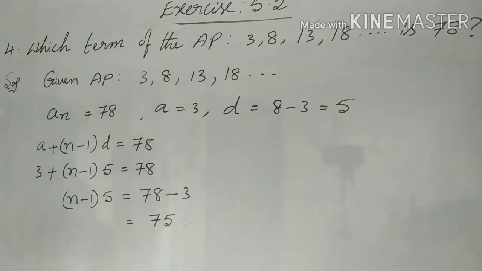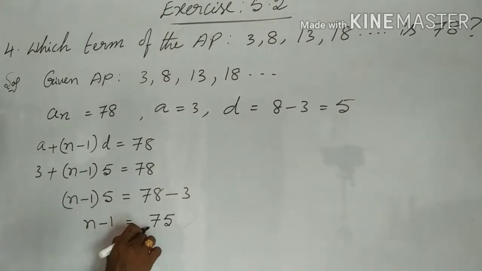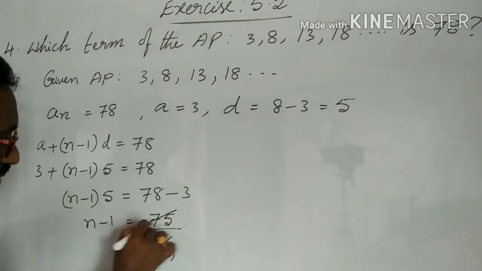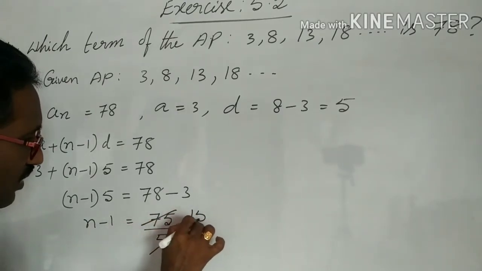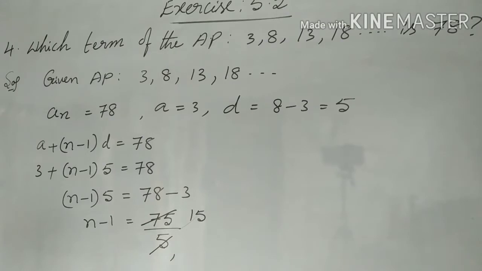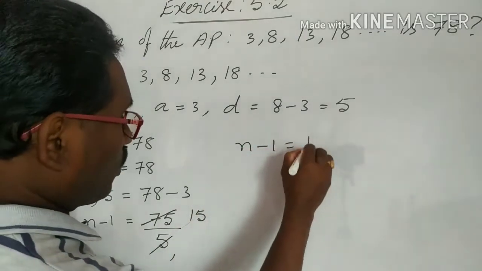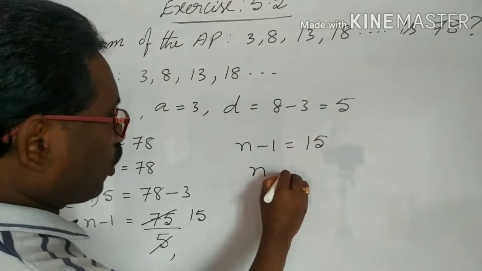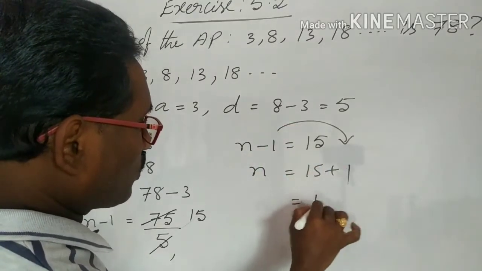75. Now n minus 1 is equal to 75 by 5. 5 1s are 5, 5 5s are 25, 5 15s are 75. So n minus 1 is equal to 15, so n is equal to 15 plus 1, which is 16.